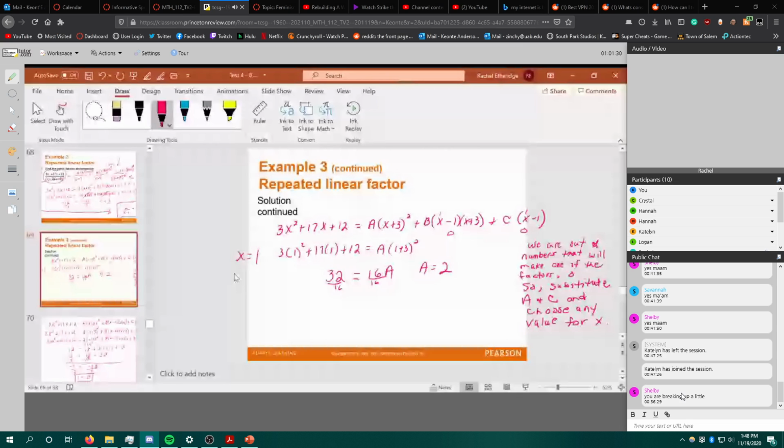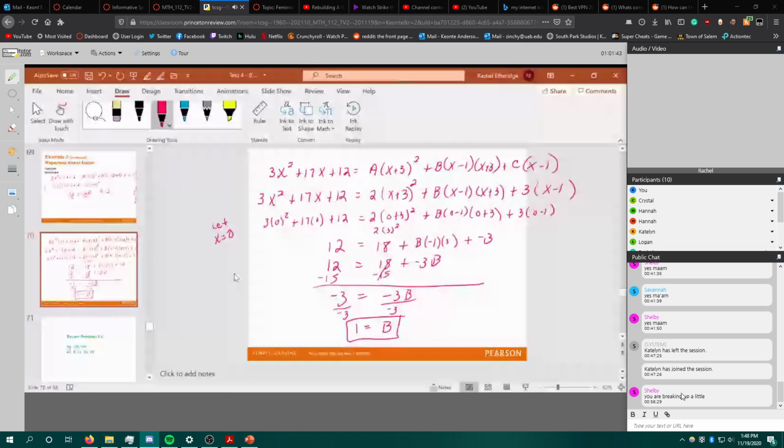And then I said we were out of numbers that would make one of the factors 0. So I substituted the A and the C that I already had, and I chose any value for X. I substituted 2 in for A and 3 in for C right here.